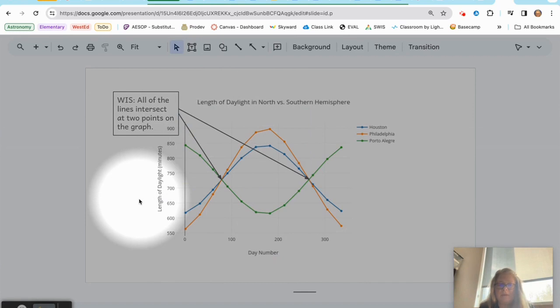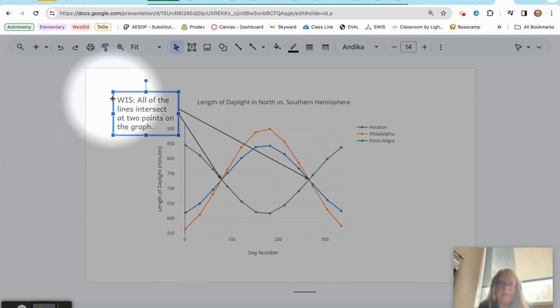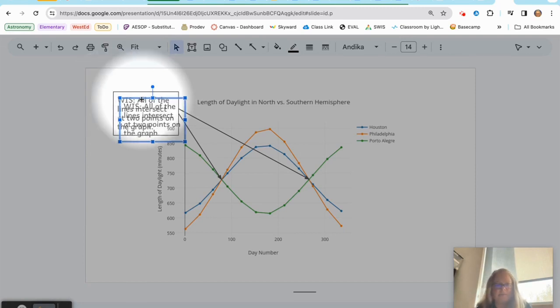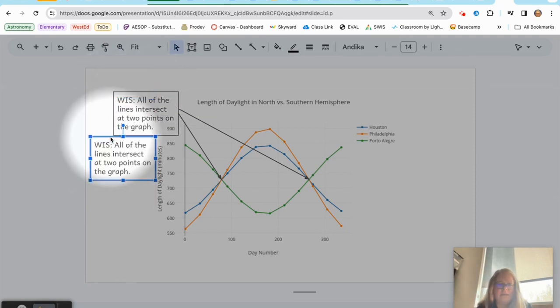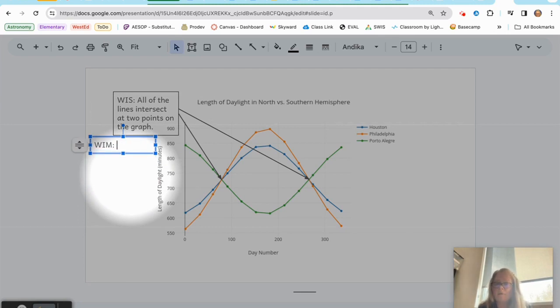All right. Then, well, what does that mean? I need to respond to what I see, what I've identified, and I need to interpret what I think it means. So I could duplicate this, and then right underneath, I would write what it means, and I can abbreviate that WIM. I would then describe what's happening at these points where these intersect, and what do I think it means?